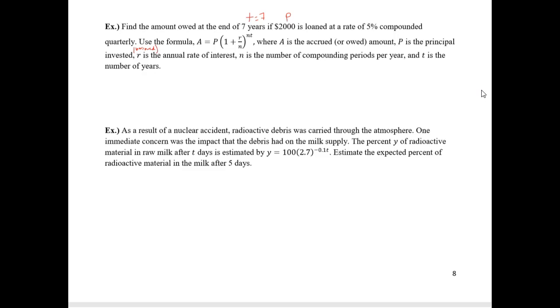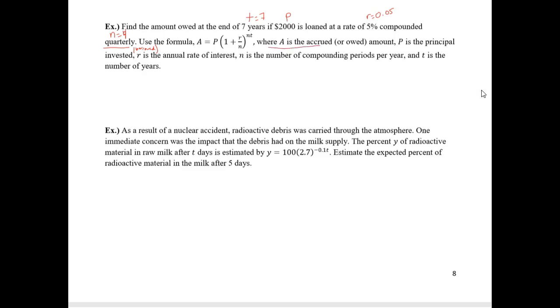At a rate of 5%, so the percent is always your rate. Our rate as a decimal is 0.05, so change your percents to decimals. And N is the number of times compounded per year. So quarterly, that'd be 4 times per year. So N equals 4. And we want to know how much is owed at the end of those 7 years.